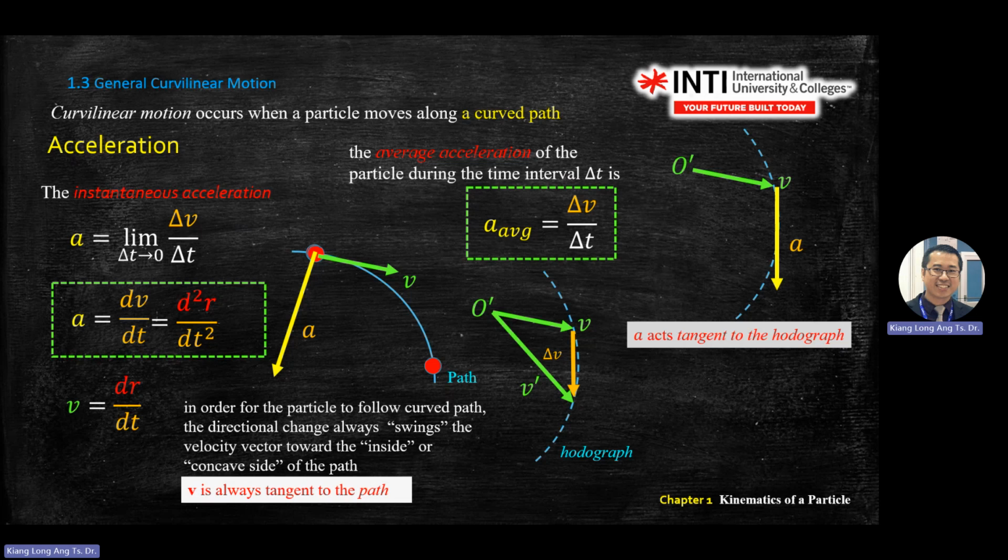This is the resultant, and then the angle. Okay, until later. What is important is the yellow color arrow, which you will learn later.